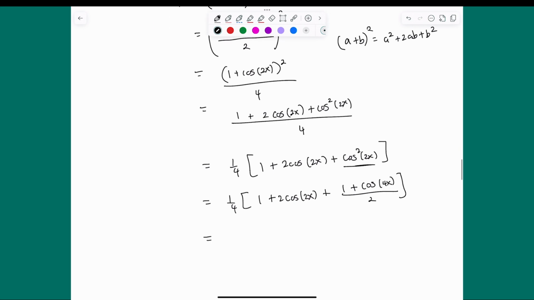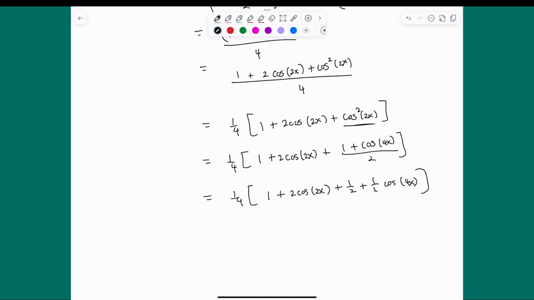All right, and so we're going to be left with 1/4 times 1 plus 2 cosine of 2x plus 1/2 cosine of 4x. And we no longer have any trig function raised to a power. In fact, we know we have 1 plus 1/2 there, so that's 3/2. I'm going to go ahead and distribute.